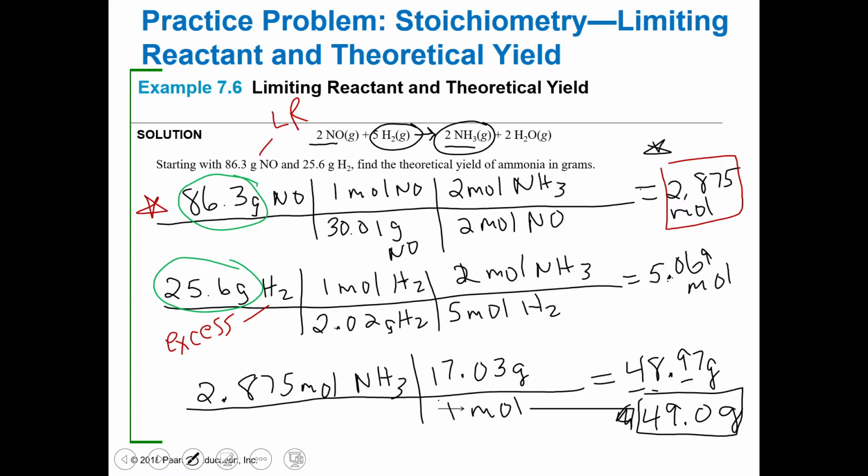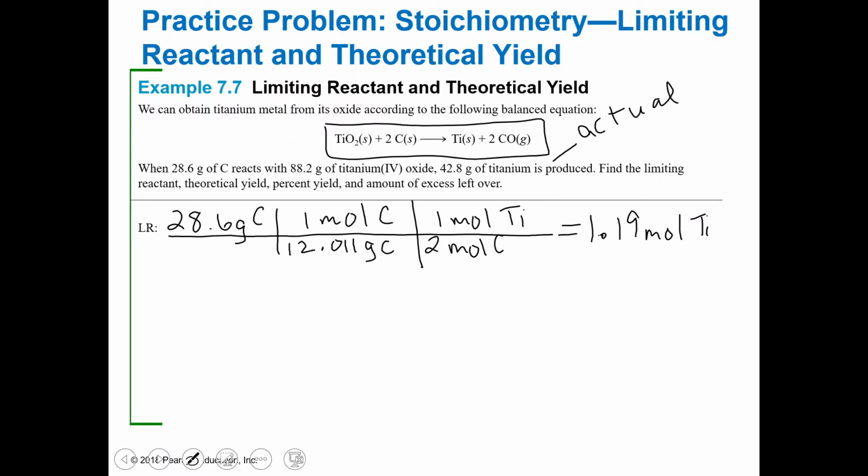You can clearly see from this example that the amount that had the greatest starting amount, the nitrogen monoxide, was our limiting reactant. So don't just look and say, oh, 28.6 grams of carbon and 88.2 grams of titanium 4 oxide, oh, that must be our limiting reactant, because the carbon must be because it's in the least amount. That's not necessarily true, so you can't rely on that, okay?